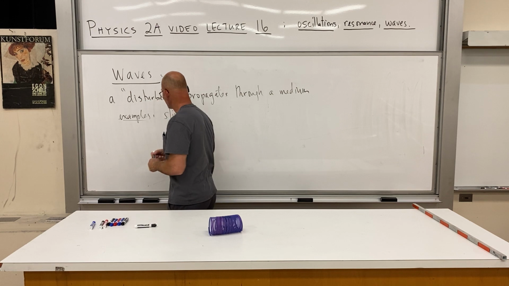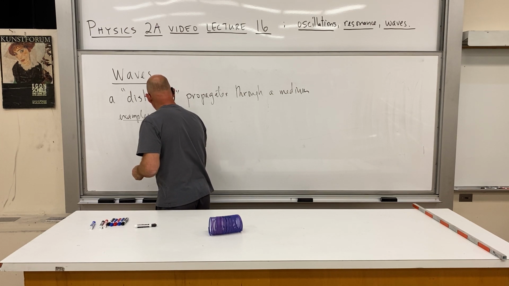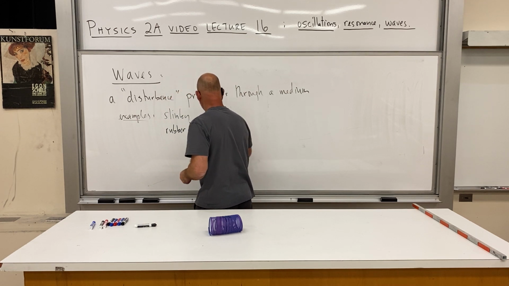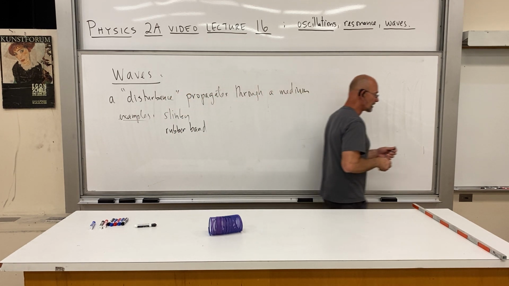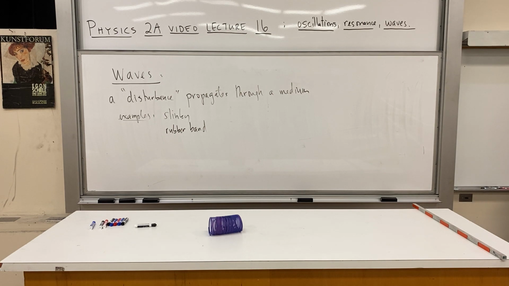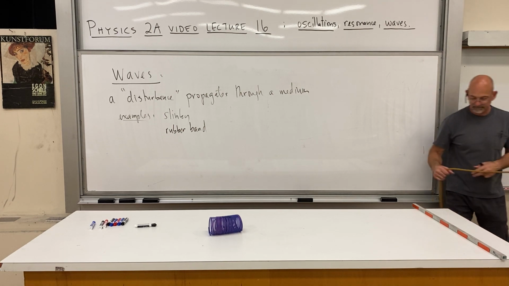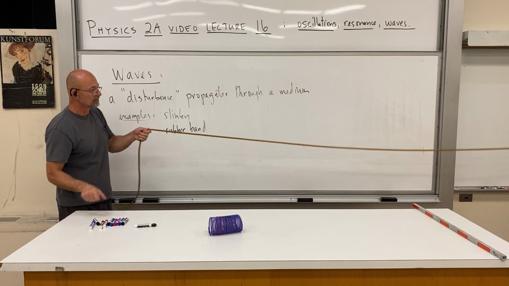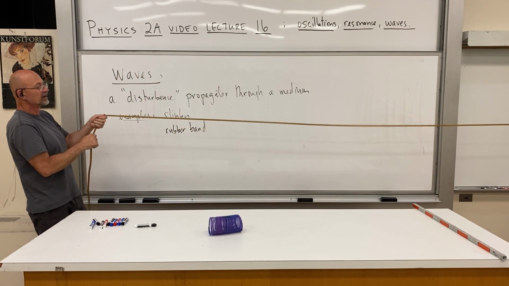And the next thing I'm going to demonstrate is the rubber band. Now I notice this doesn't really show up so well on the video, but we're going to give it a try anyway. So this is just a strong rubber tubing here.